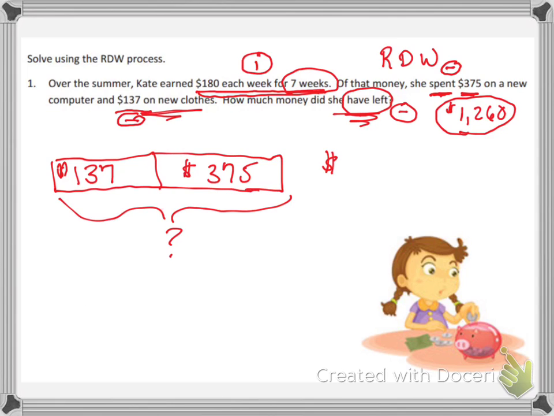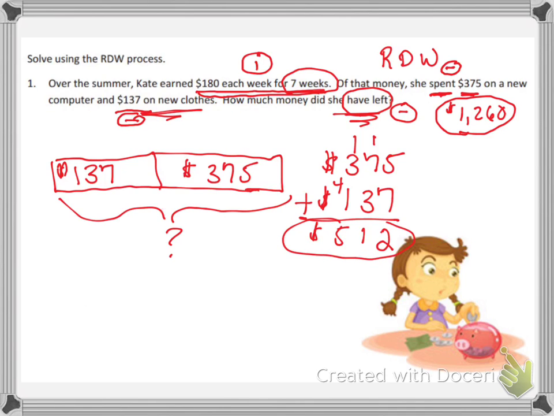So we have $375 plus $137, and we get 12. Carry the 1, 8, 11. Carry the 1. 1 plus 3 is 4, plus 1 is 5. So she spent $512 on a computer and new clothes.